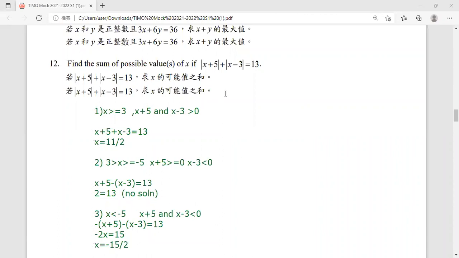Then the sum of x will be equal to 11/2 minus 15/2. And the solution is the same. It's -2. Okay, yeah, -2.